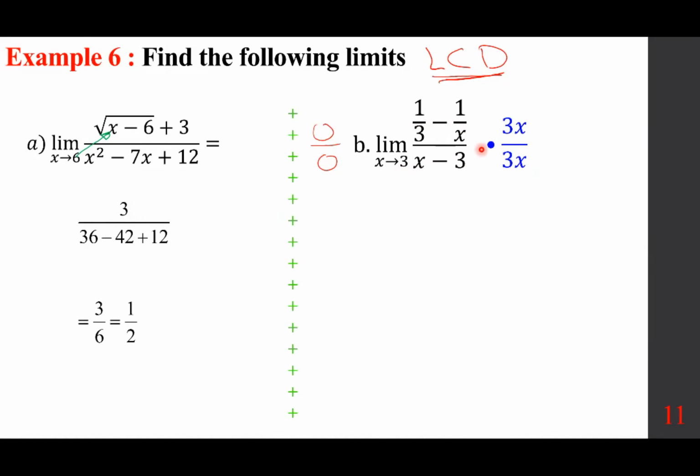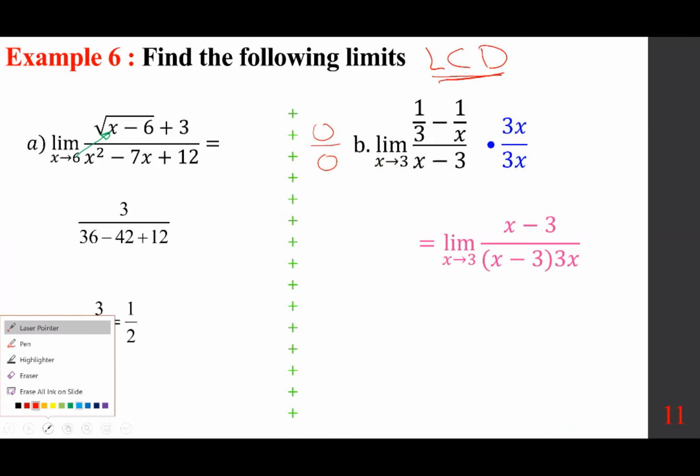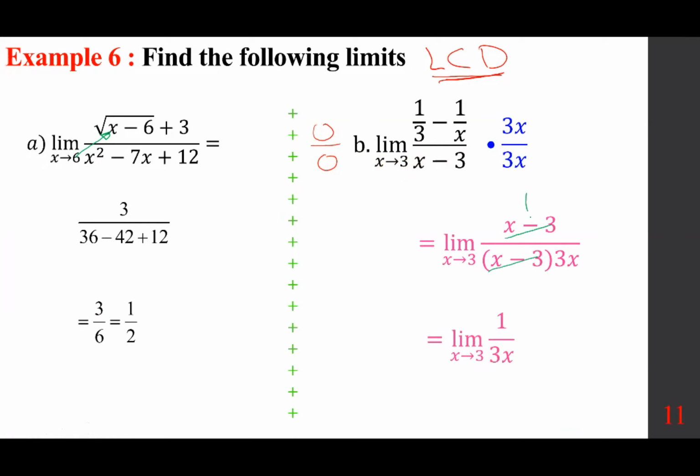So just write this as the product. And so what happens is that, again, remember, x is approaching 3, x minus 3 is 0. You're hoping to get rid of that because the 0 in the denominator is the one that is creating a problem. And so you have the limit of 1 over 3x as x approaches 3. And now when you replace it, you get 1 over 9.